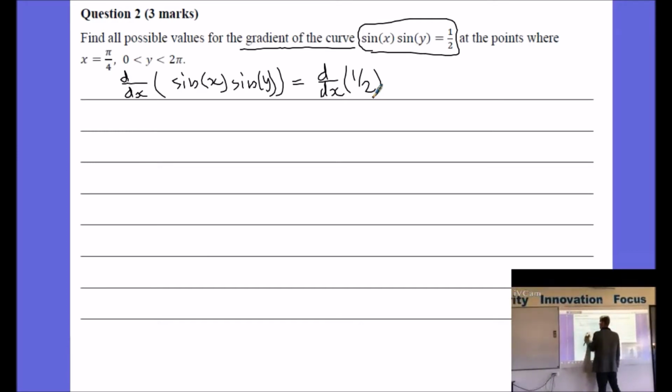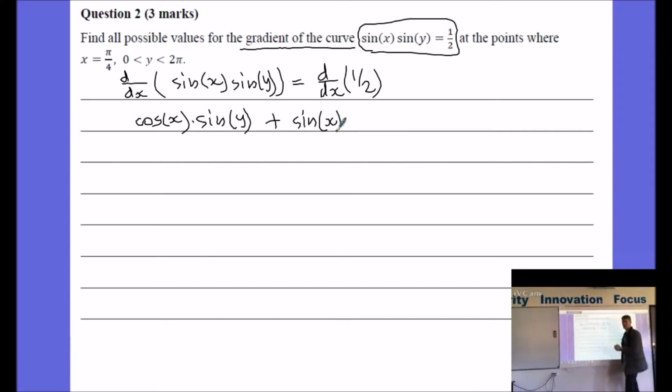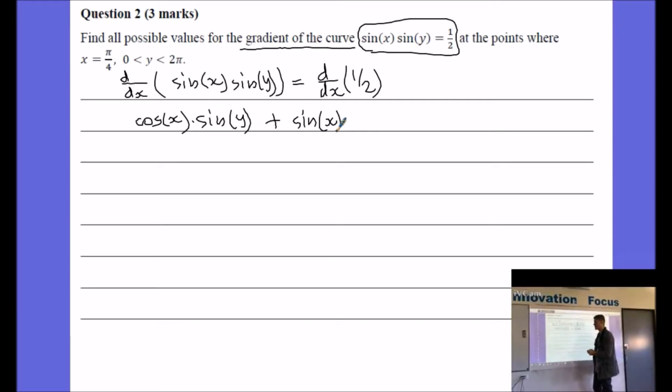So the derivative of the first, sine, goes to cos of x multiplied by the second function, plus the first function multiplied by the derivative of the second, sine y.